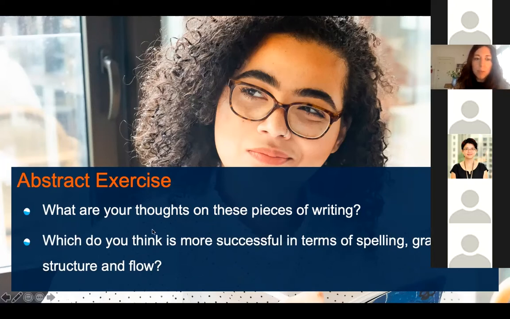I'm going to put up the abstracts on the screen. I'm going to stop sharing just for 1 minute. Hopefully everything is okay with you guys. And then we're going to discuss. So I'm going to give you a few minutes to look through the abstracts again, and we're going to discuss them. And I want you to write the order you think is best.